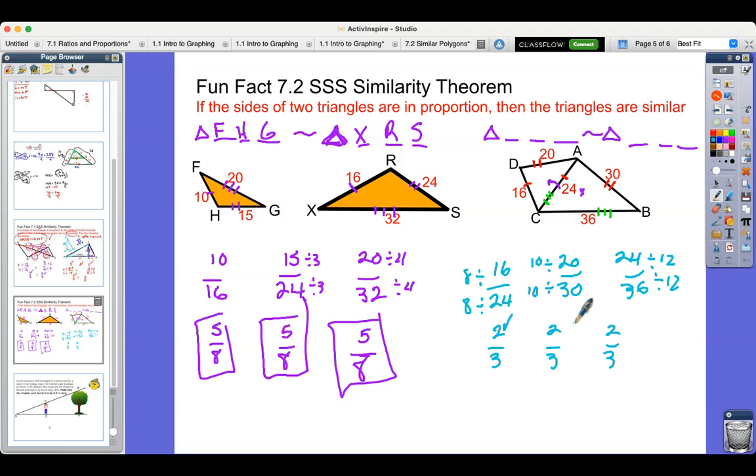So we show all 3 sides are proportional to each other. Same thing, we're going to go small, medium, large. So C, D, A is similar to C, A, B.